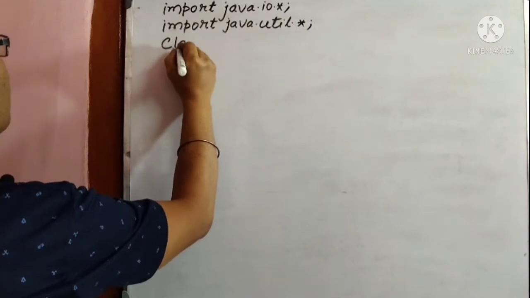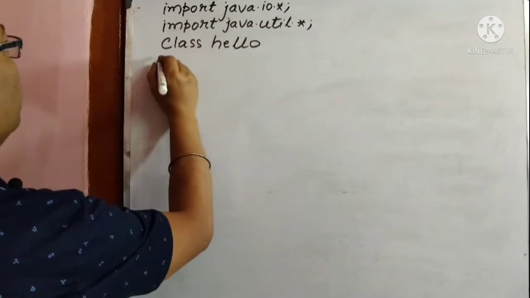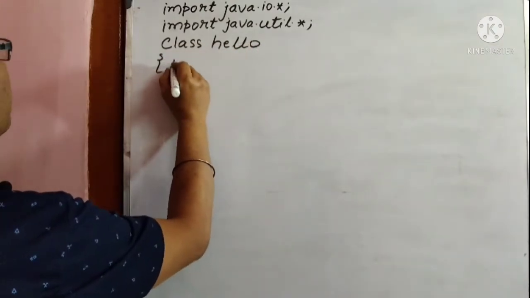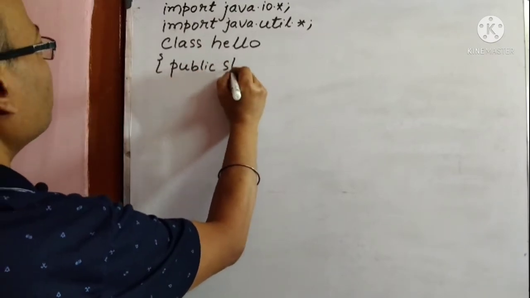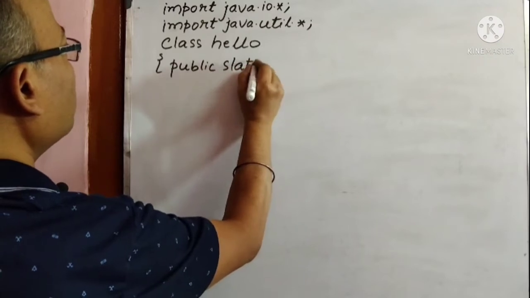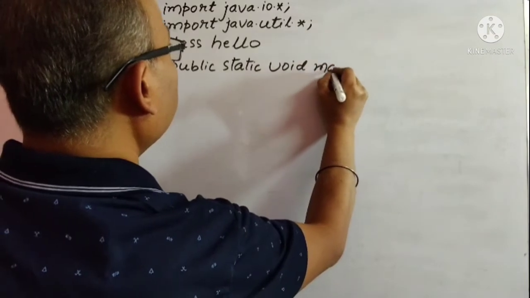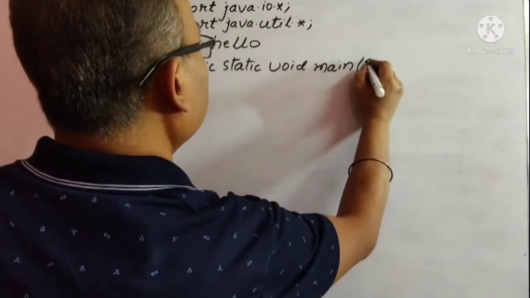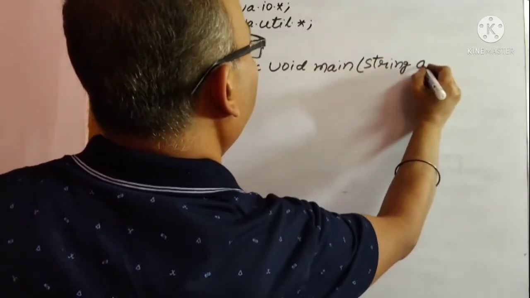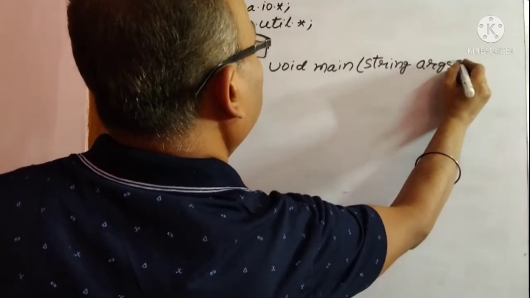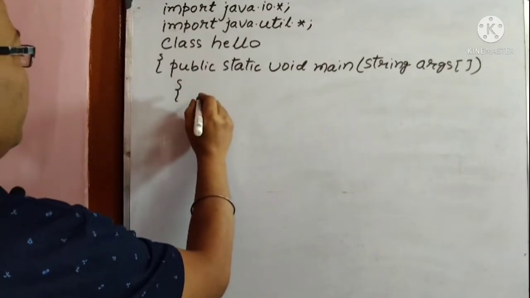Now class hello, then put this opening brace of the class, then public static void main String args, okay, opening curly brace for main.